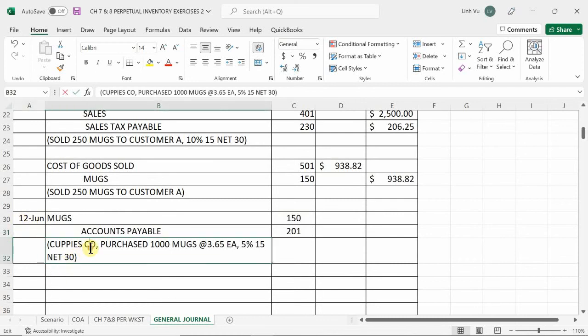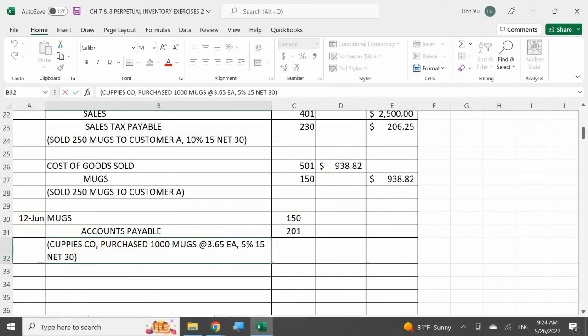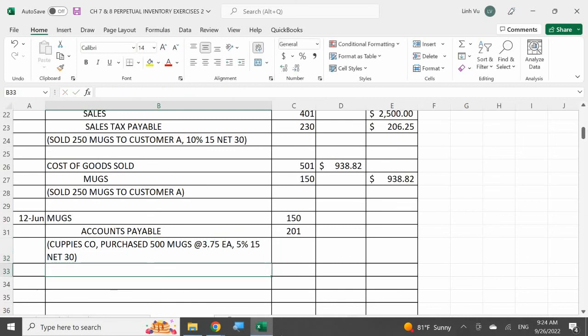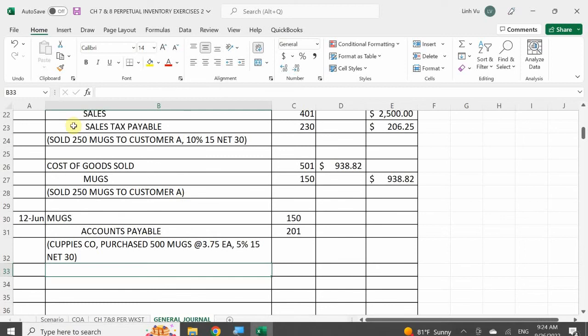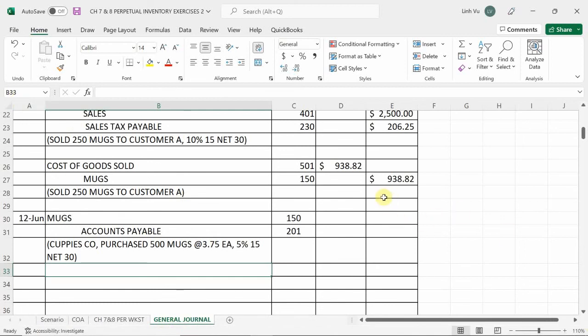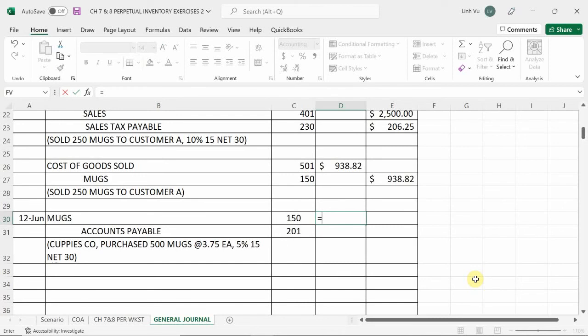So here I purchased 500 mugs at $3.75. Okay, terms are the same. So how much is my grand total for mugs? 1925. Did you include the freight? Yeah. Good. 1925 is what I owe. Okay.